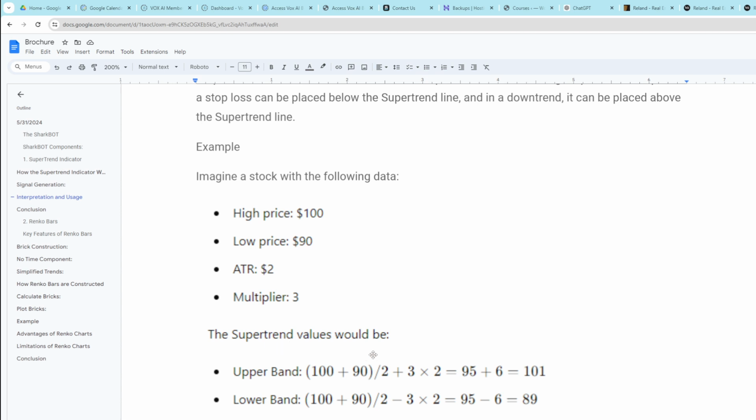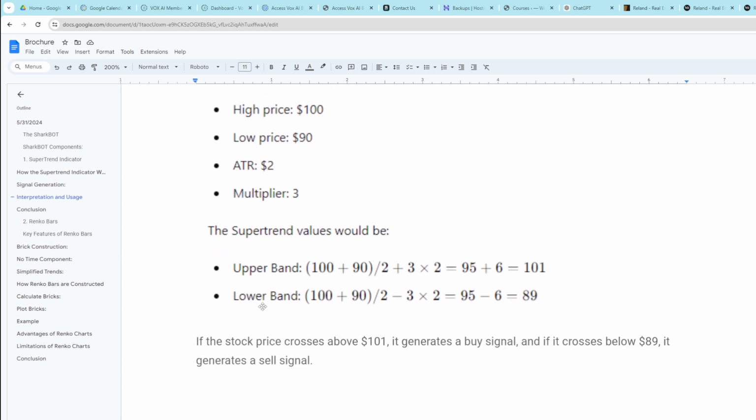So the super trend values will be as follows. Upper band: high 100 plus low 90, divided by 2, which is 95, plus 3, which is the multiplier, times 2, which is the ATR, is equal to 101. The lower band, same scenario: 100 plus 90 divided by 2, minus 3, the multiplier, times 2, the ATR, is equal to 95 minus 6, which gives you 89.